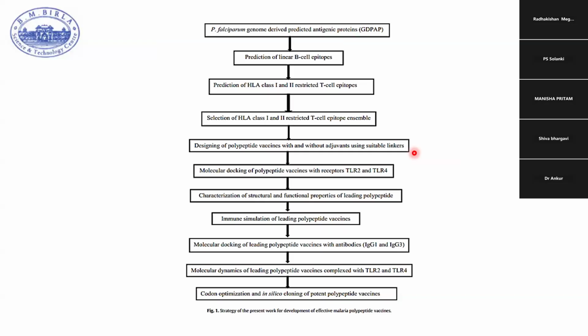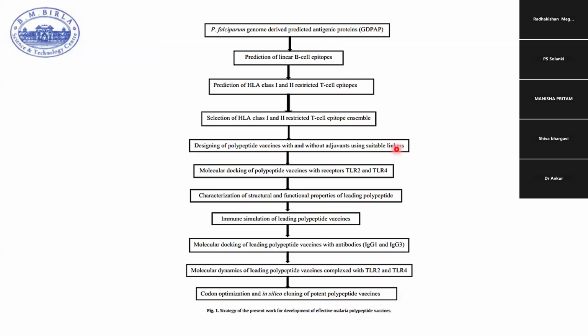We want our epitope to be safe so that it can easily be expressed or exposed on the APC cells. That's why we use linkers. Another benefit of linkers is that they help to fold our vaccine in a proper way. So there are lots of benefits of using linkers.